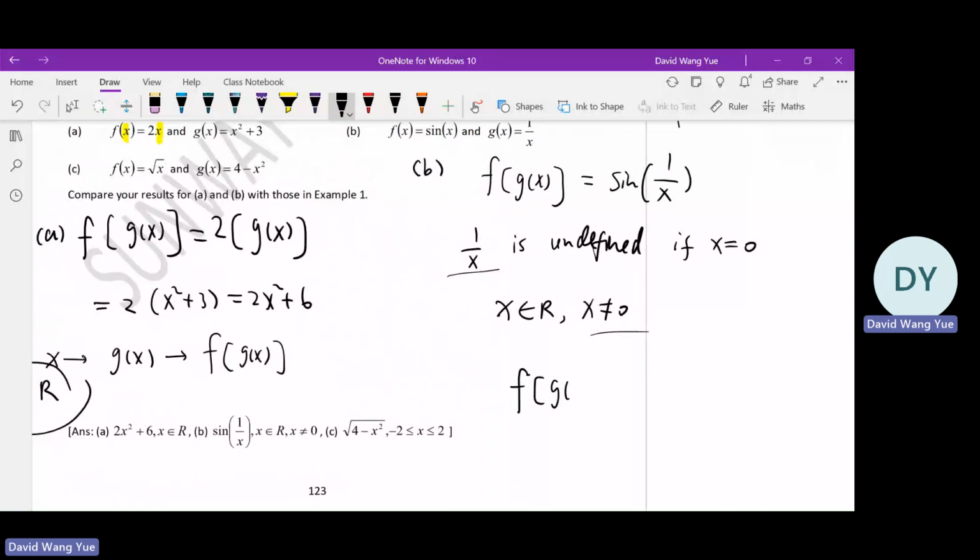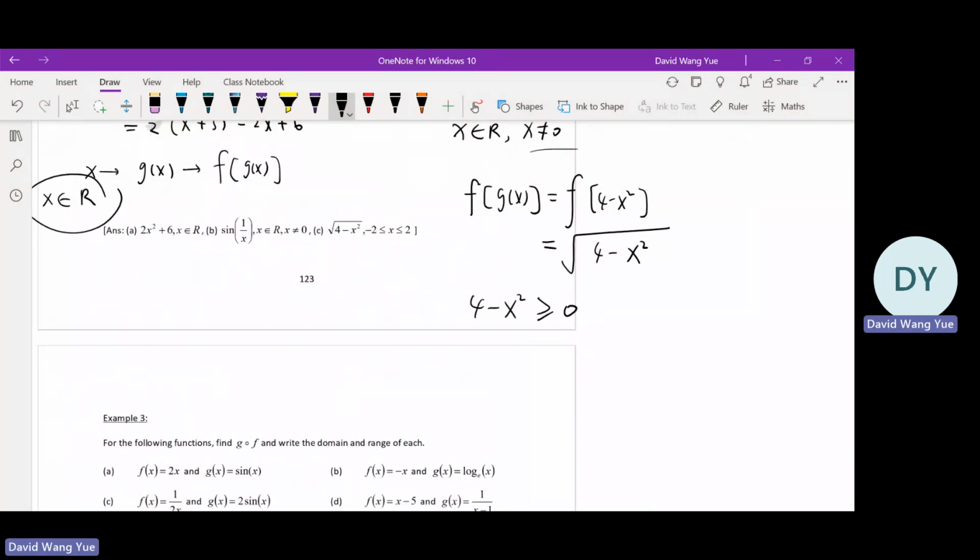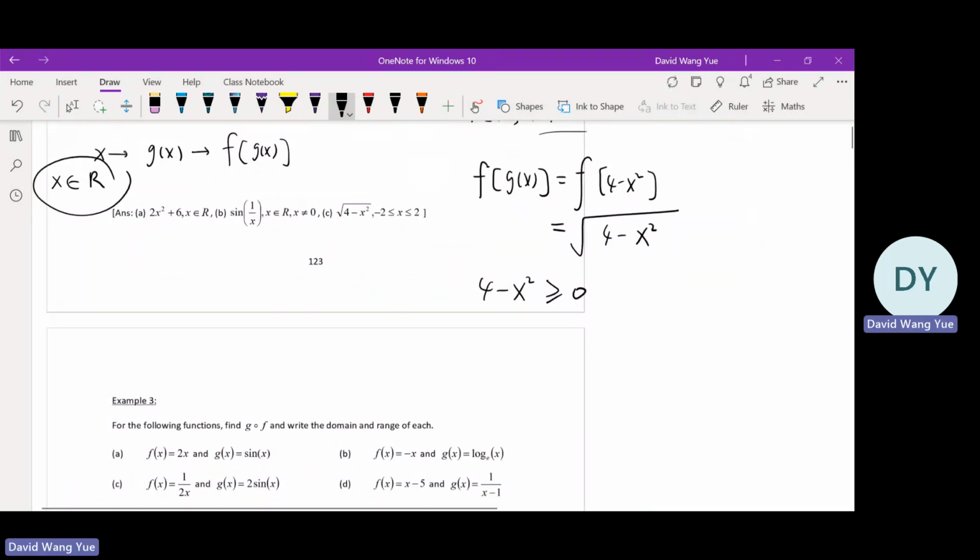Next one. f bracket g(x) is f of the square root of 4 minus x squared. The 4 minus x squared has to be at least 0.